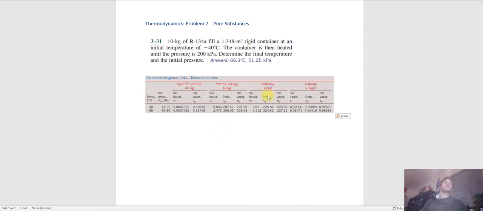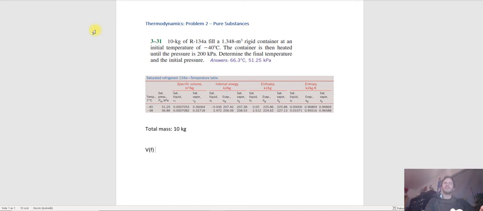So let's look at the specific volume. That will help us. Let's write things down here. The total mass is 10 kilos.